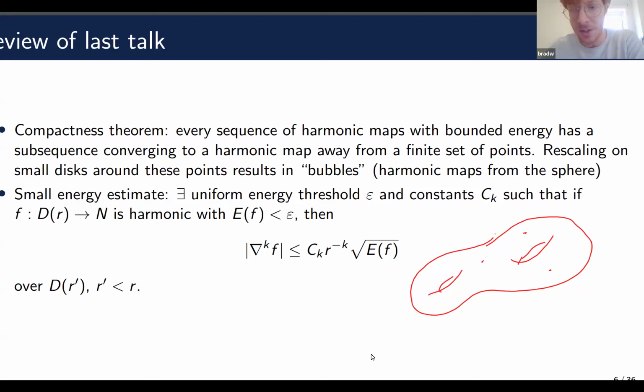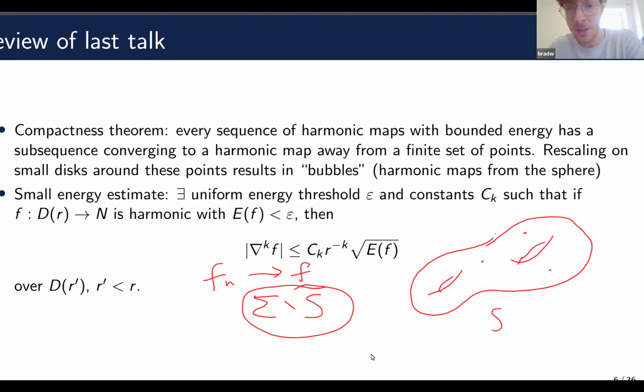The idea is that if your set of singular points is S, then on the set sigma minus S, your harmonic maps F_n converge to some F. A priori, F is only defined on this set here. But because of the removable singularity theorem, you apply it in each neighborhood of these points, and F extends to a harmonic map from the whole surface into N.